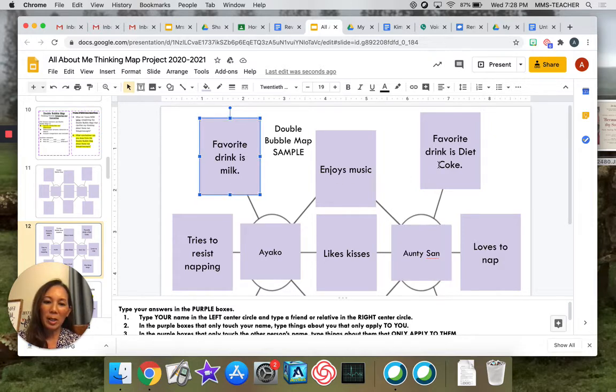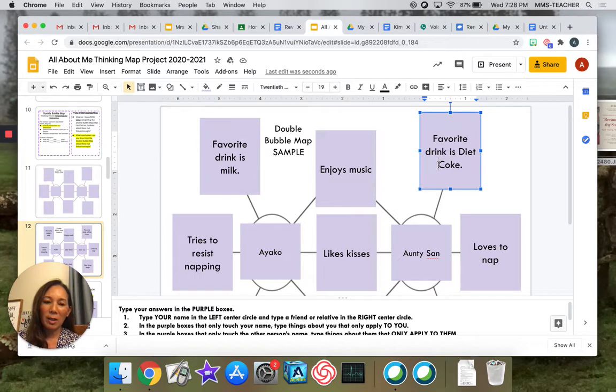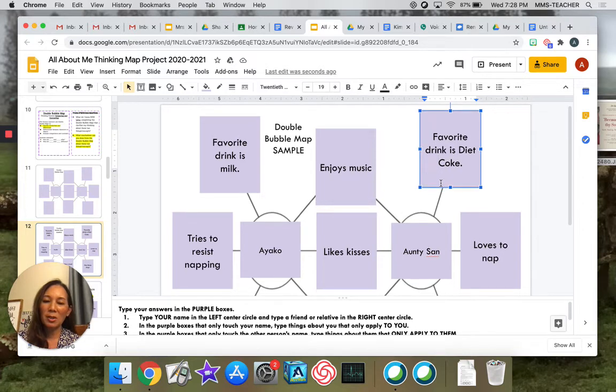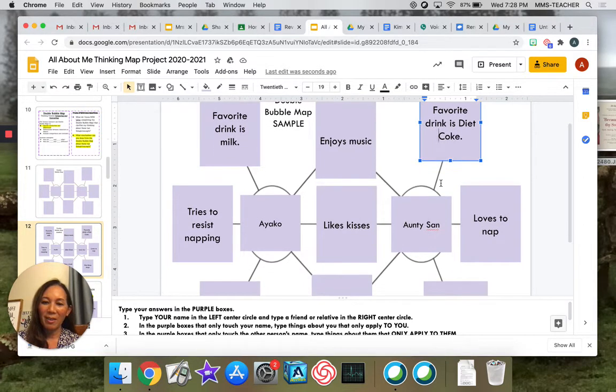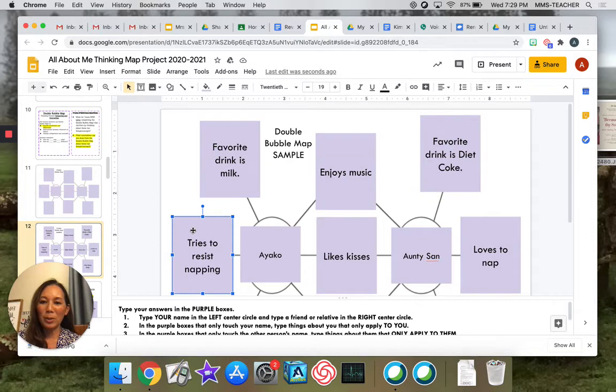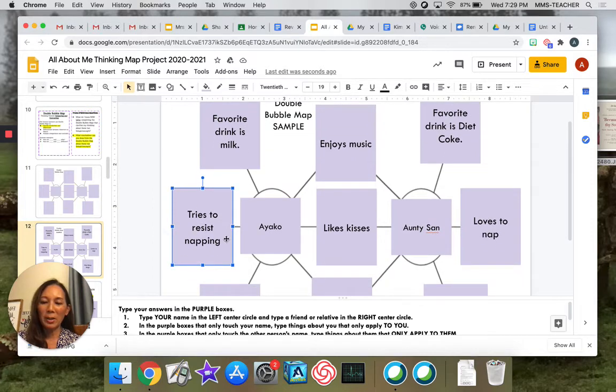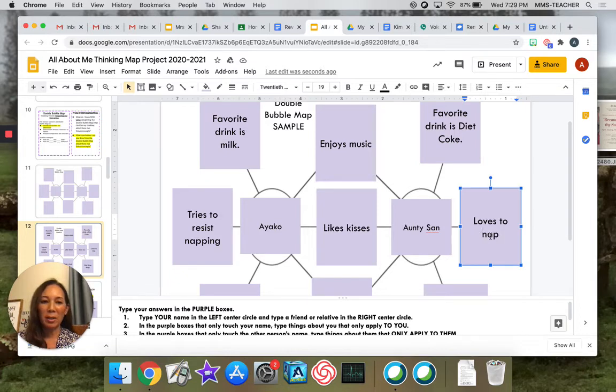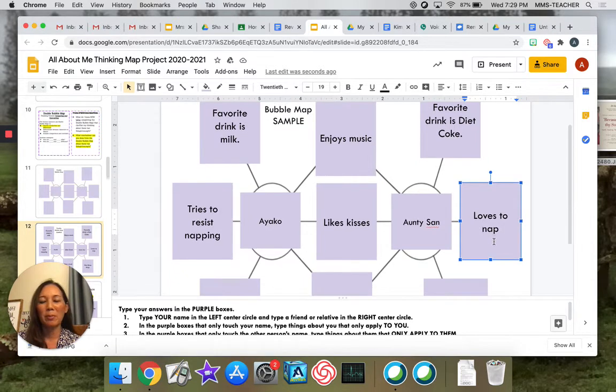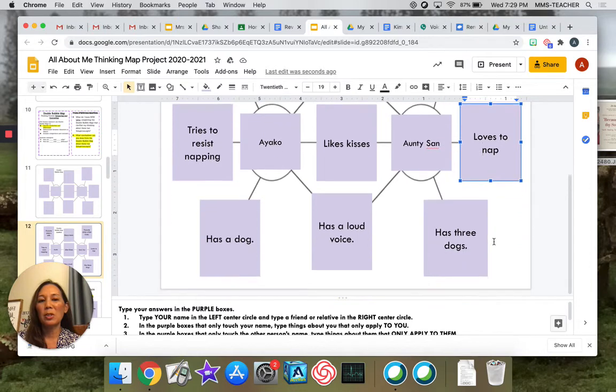So we're going to look at how Auntie San is different in the type of drink that she likes, because Auntie San prefers Diet Coke. And let's do resist taking a nap. Here's another difference between Ayako and Auntie San. Ayako tries her best not to nap, whereas Auntie San is very different in that she loves to nap. Okay. Those are their differences.